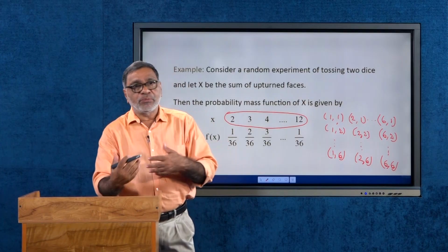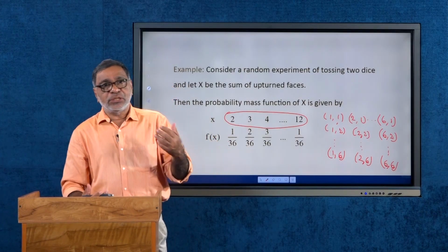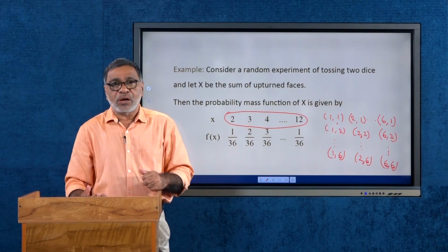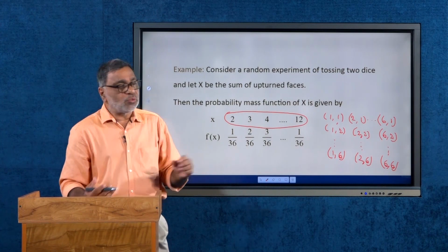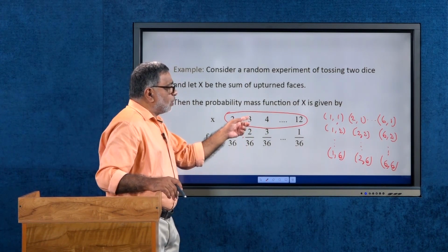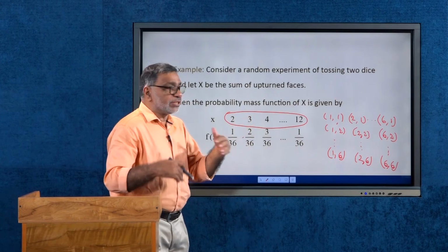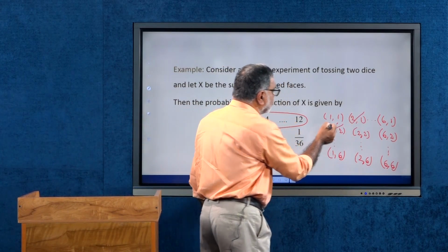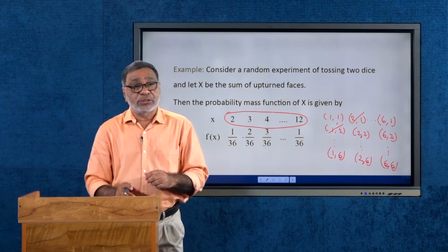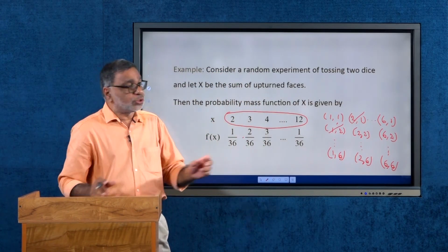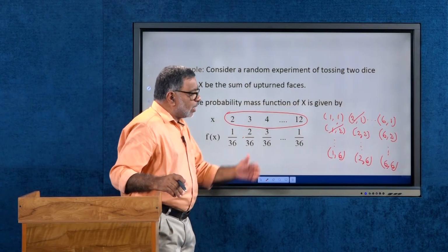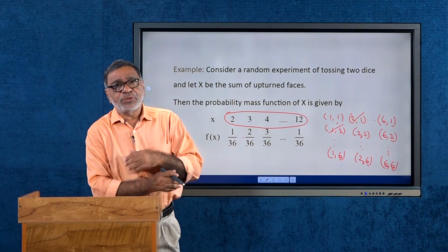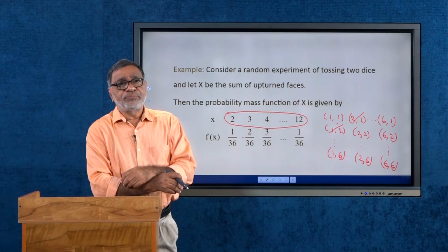How many are favorable to each value? X equal to 2: only 1 is favorable out of 36 outcomes. So, 1 divided by 36. And when x is equal to 3, that means the sum is equal to 3, the favorable cases are these two. So, there will be 2 cases out of 36, so 2 divided by 36, like this up to, suppose, x equal to 12.